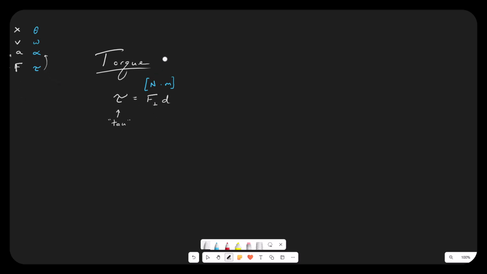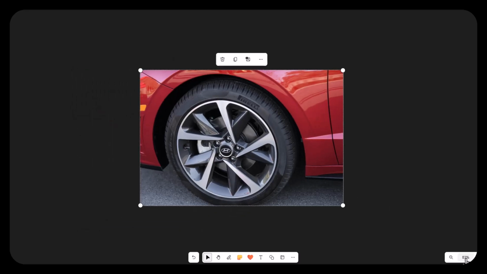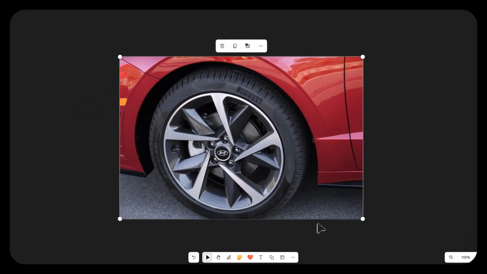This formula looks a little bit strange, but it should make some amount of sense. If I have the wheel of a car like this, and I want to change the tire, I might get out my tire iron.